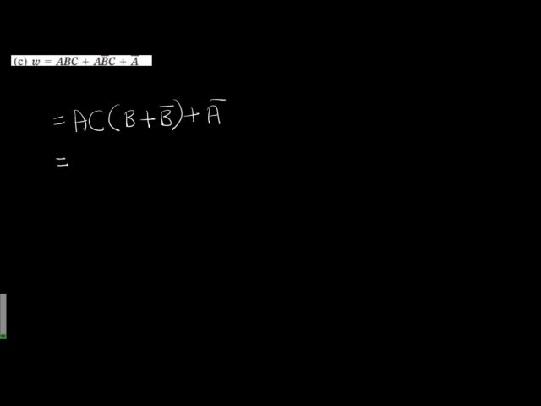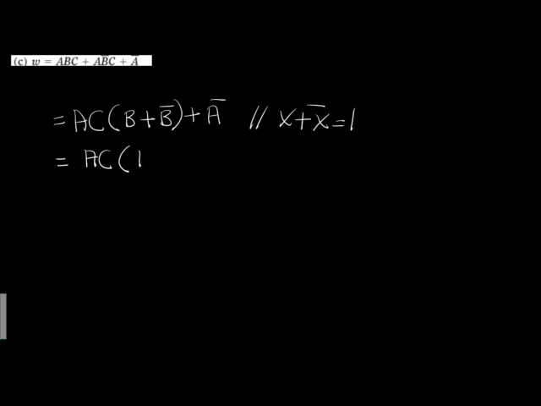Then I have AC. So this theorem x or with x bar is equivalent to 1. Anything or with its complement is a 1. Unlike the and, anything and with its complement will become a 0.